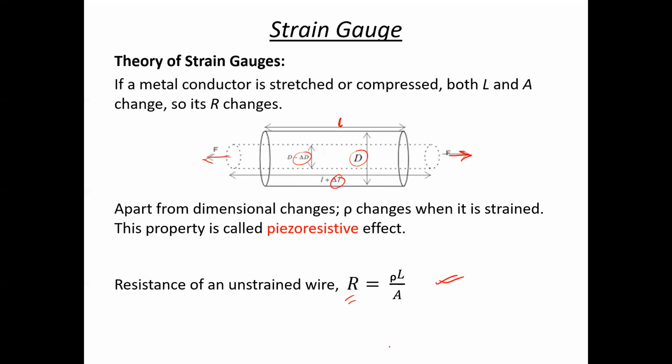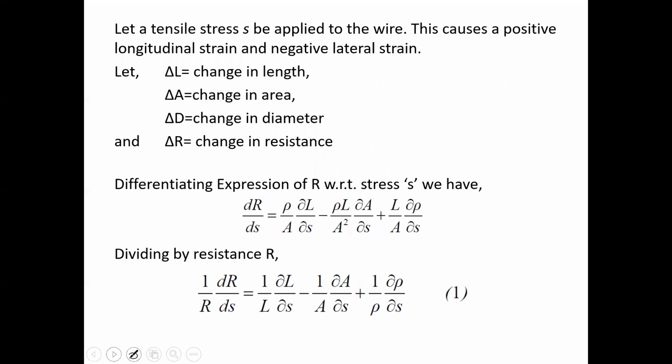For the time being, let us consider that when the wire was unstrained, with no strain applied, the resistance of the wire can be represented as R equals rho L by A. Now after the stress is applied, as indicated in the figure, suppose a small stress S is applied, which causes a positive longitudinal strain and a negative lateral strain.